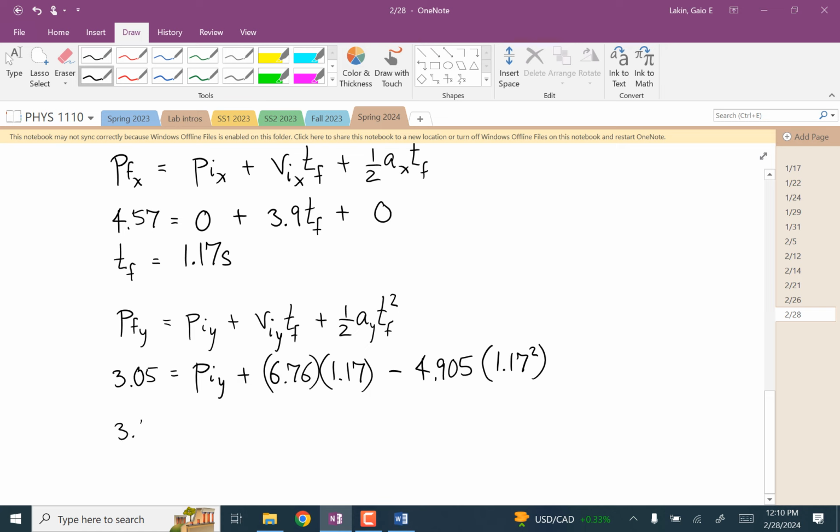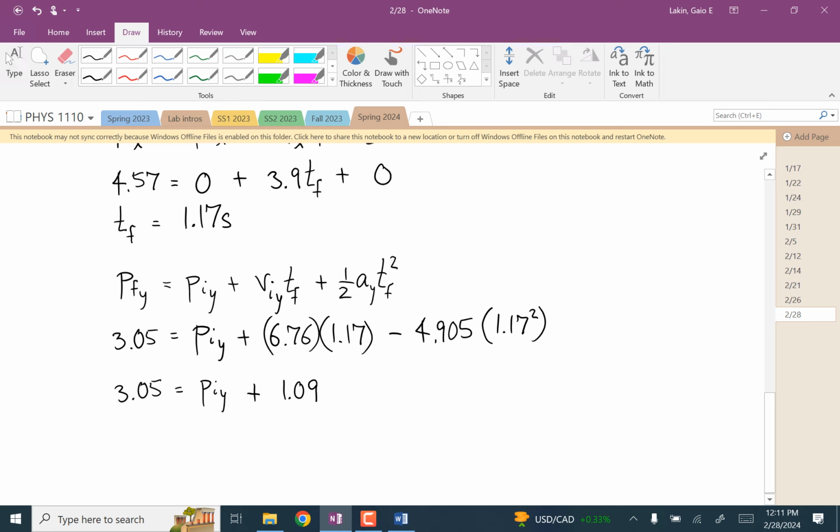So we have 3.05 is equal to PIY. These two together come out to be plus 1.09.